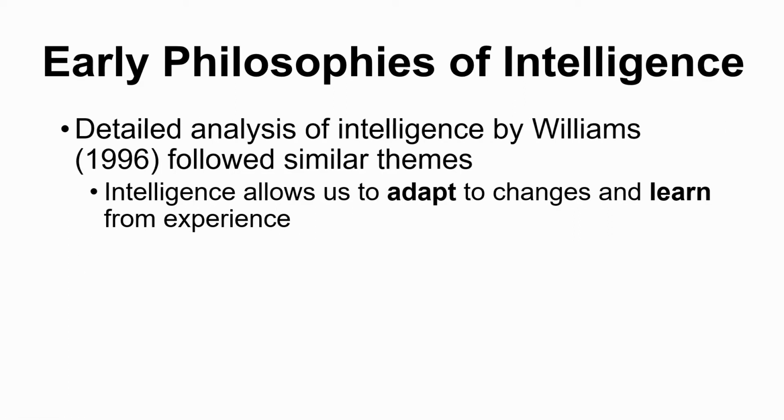Many years and centuries later, we have another detailed analysis done by Williams in the 90s that actually ended up following fairly similar themes as what we saw with Aristotle, despite being a much more modern evaluation of different ways to quantify intelligence. Williams said that intelligence allows us to adapt to changes and learn from our experience.